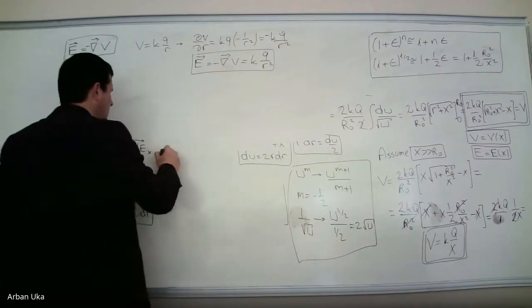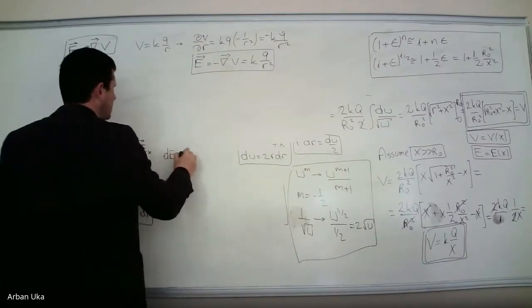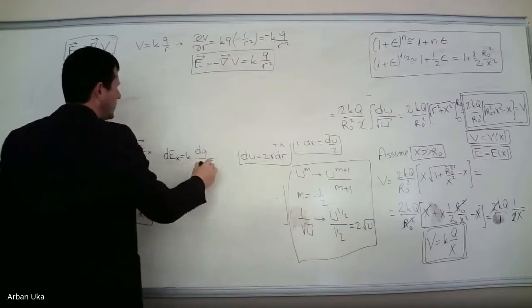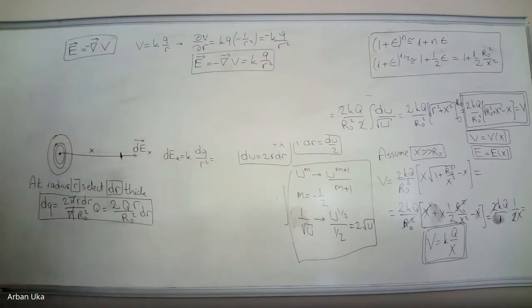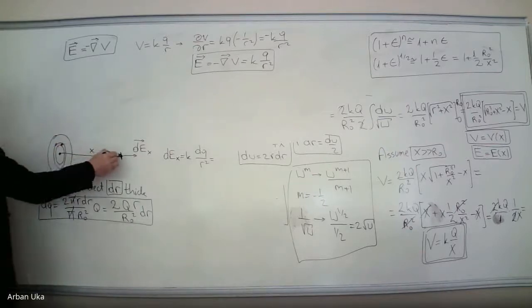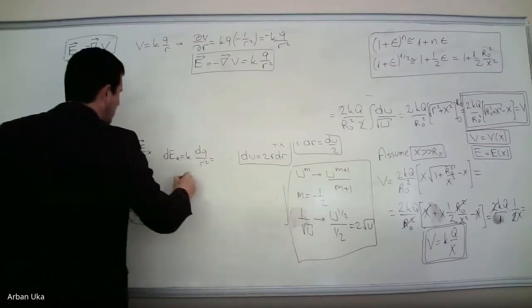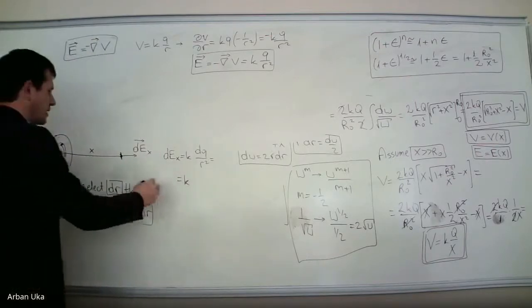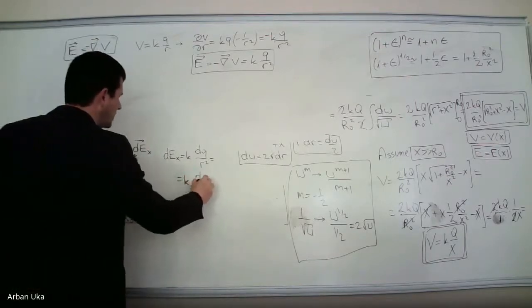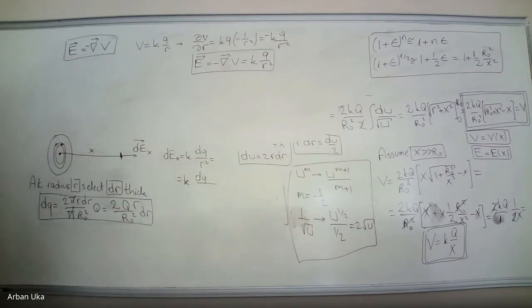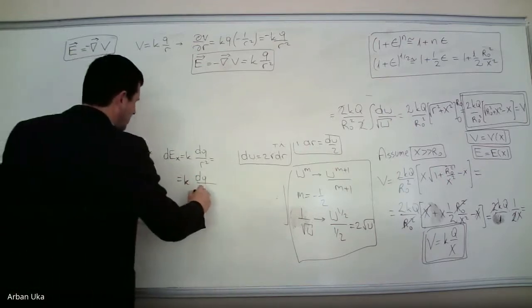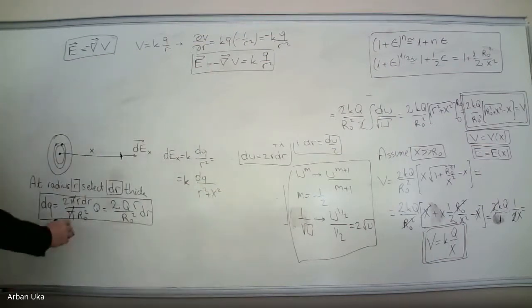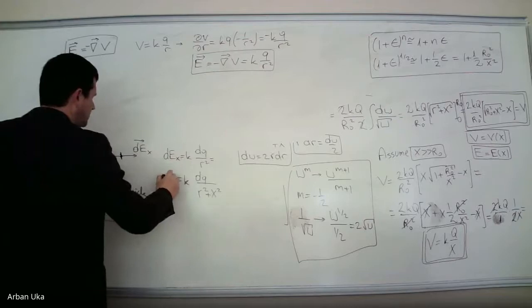This delta Ex is equal to k dq over r squared, where r squared is the distance from this point down to here. It is this whole expression here, and this one will be divided by r squared plus x squared. So this is the dE.